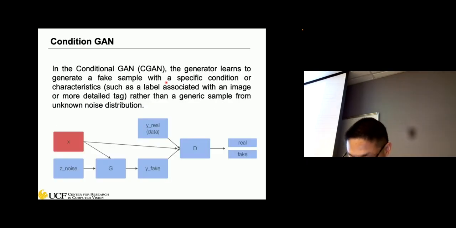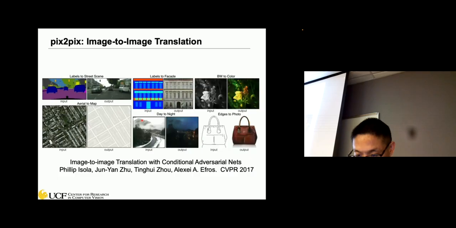Okay. So next, let's talk about conditional GAN. With the original or vanilla GAN, once it's trained, we can sample from noise and just generate some arbitrary images. But for some tasks, we want the generated image to follow some conditions, just like a couple of applications I mentioned.